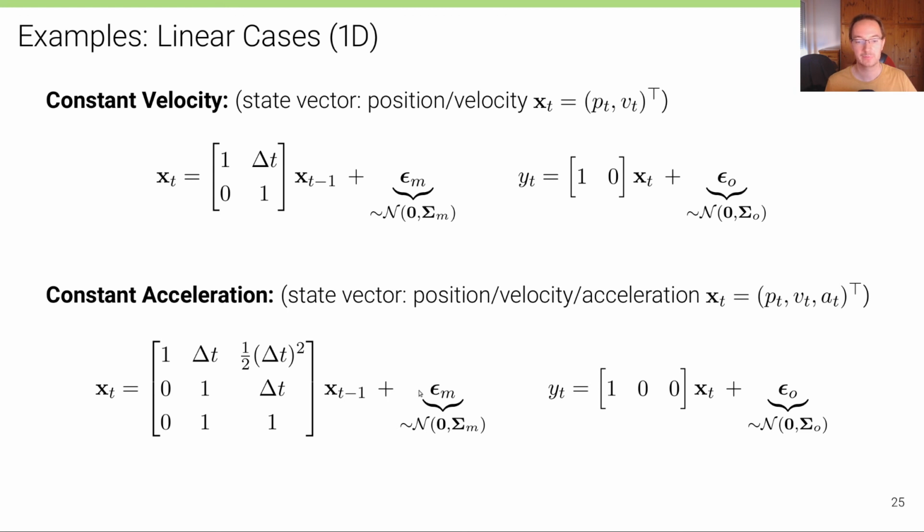And again, we have Gaussian noise for both the state transition, for the motion, and also for the observation here. So these are two cases that can be solved optimally through the Kalman filter because we have a linear model for the motion model and for the observation model, and both of them are Gaussian.